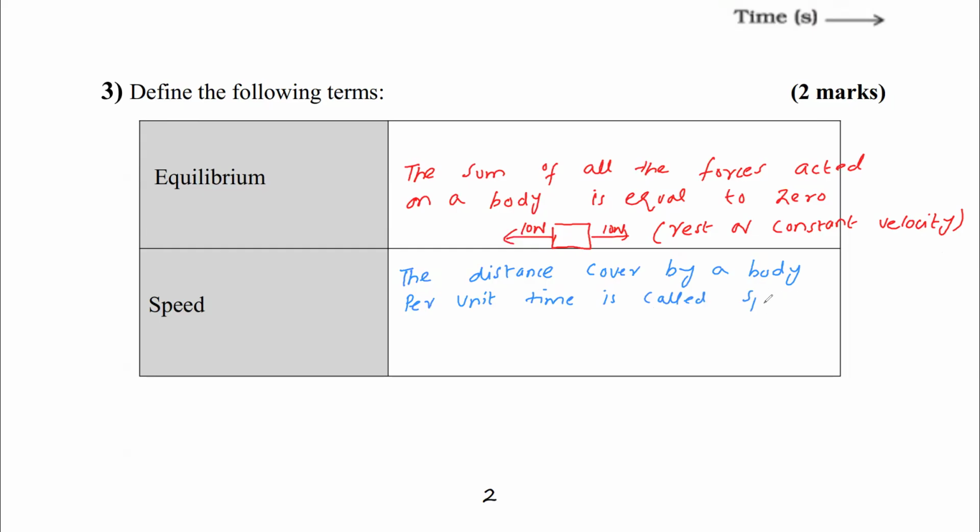It is represented as V equals distance per unit time. Here D is the distance; sometimes it is represented with X, sometimes with S. It depends on you, but here I represented it with D. So V is equal to D divided by T, where D is distance and T is time.